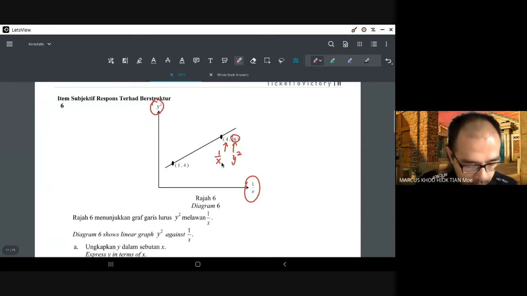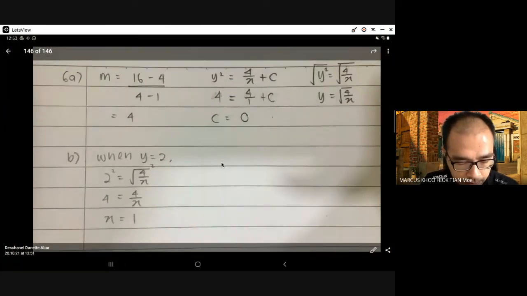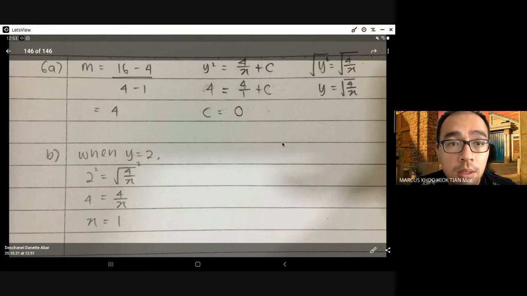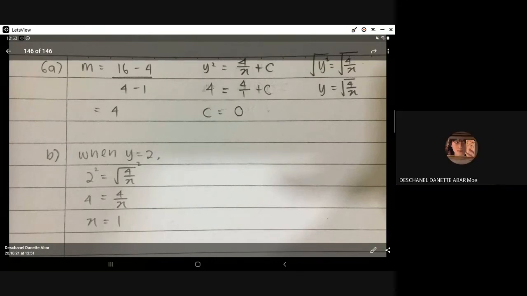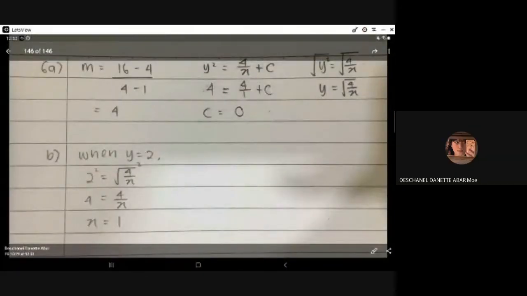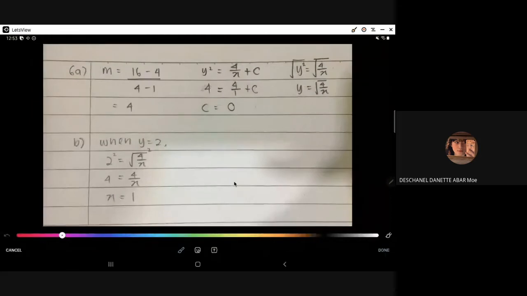All right, can somebody from this group please explain what's happening over here? Okay, so basically, first you have to look for the gradient since there are two coordinates.